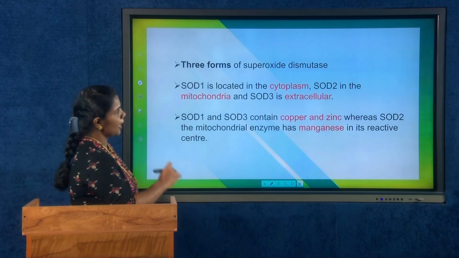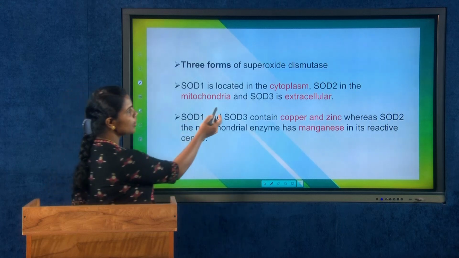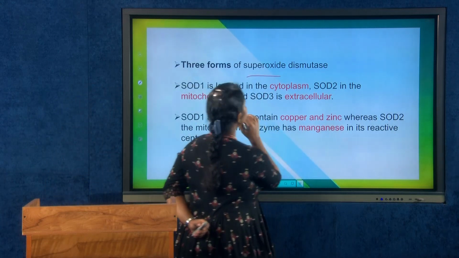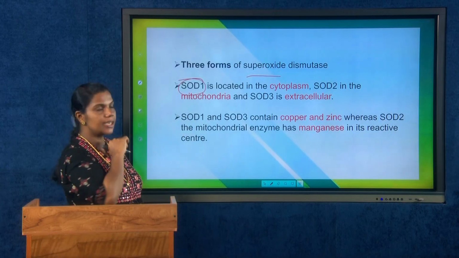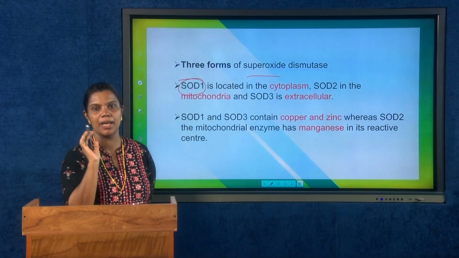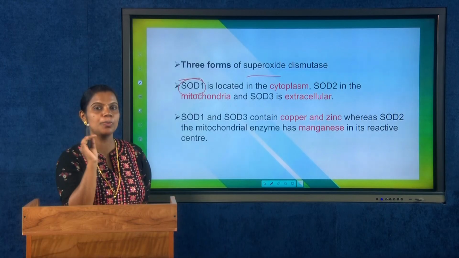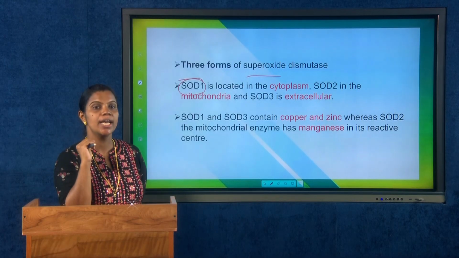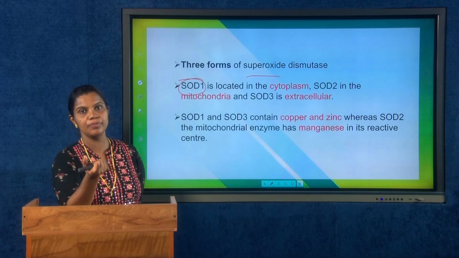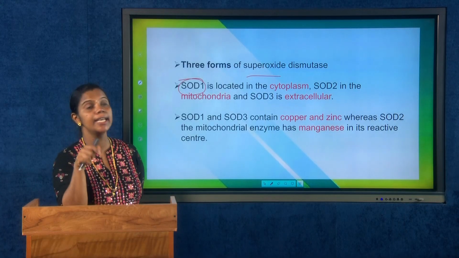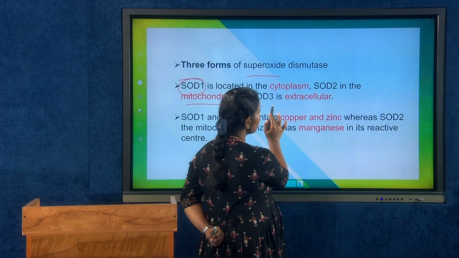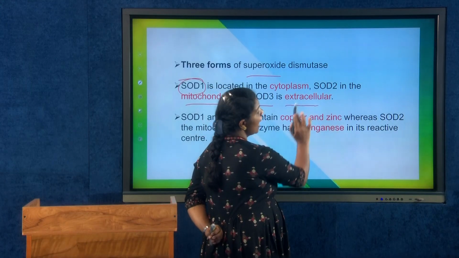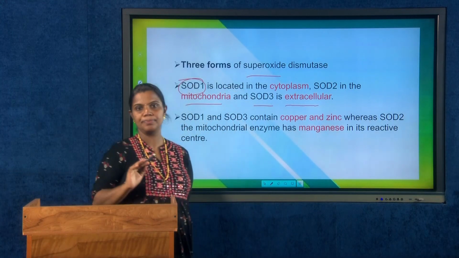The first type of superoxide dismutase can be designated as SOD1, which is present in the cytoplasm. SOD2 is located in the mitochondria. SOD3 is usually an extracellular enzyme.